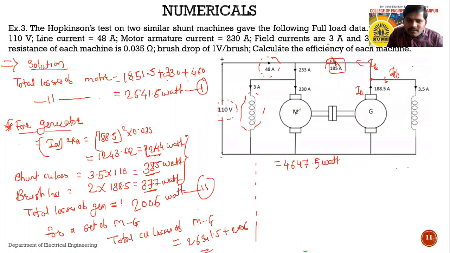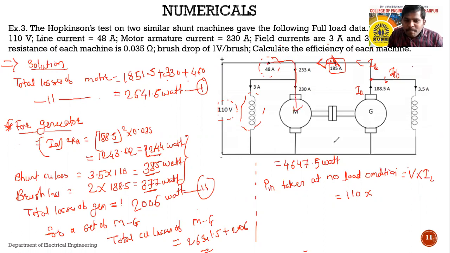The input power taken at no load condition is the terminal voltage V into the current taken from the supply, so it is equal to 110 into 48. Only this 48 ampere current will be flowing from the motor, right? So this is the no load power taken by the motor. Just calculate the power taken at no load condition. 110 into 48, what do you get?